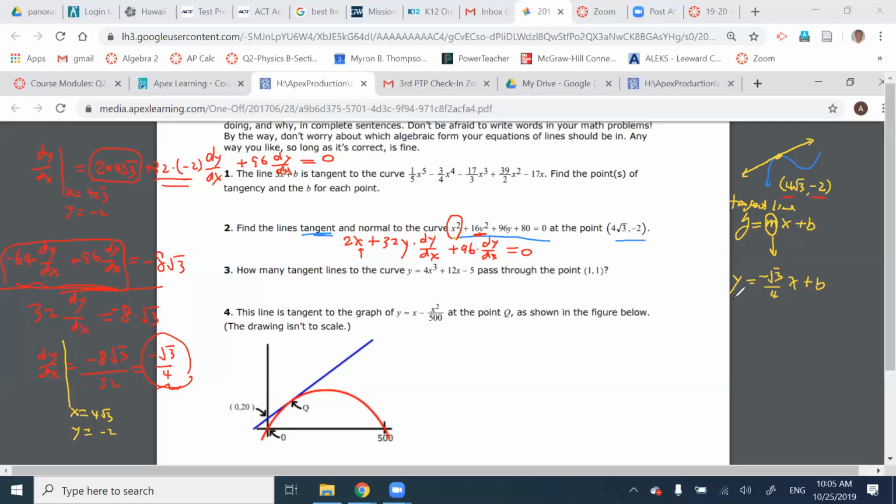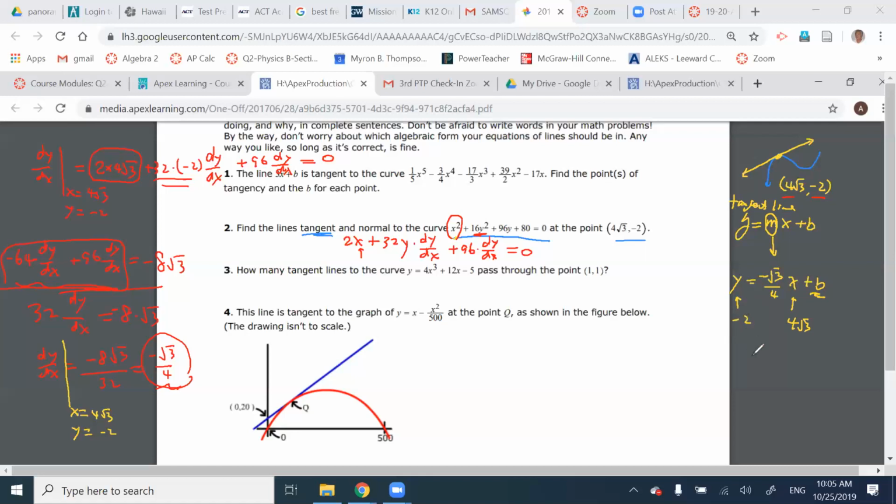It's the b. We don't know the b yet. You're right. How do you find the b? Anna? You plug in x and y. Okay, x equals 4 root 3, right? Because that's the point. The tangent line touches the graph of the function, so they share the same point there. And Zoe, what should y be?